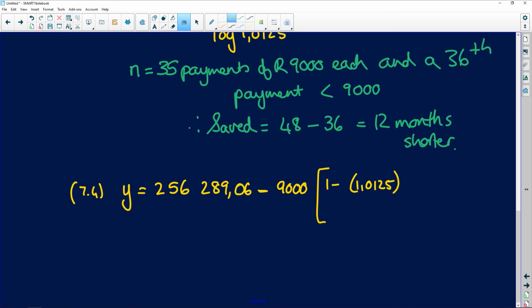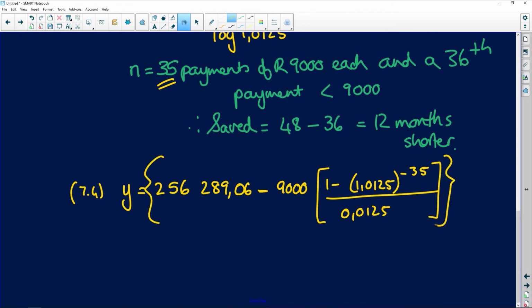How many of those payments? Well, we said there's 35 of them. So we take all the interest away, 0,0125, and this whole difference must go forward. Now I'm going to write this here. Go forward at 1,0125 for 36 periods.